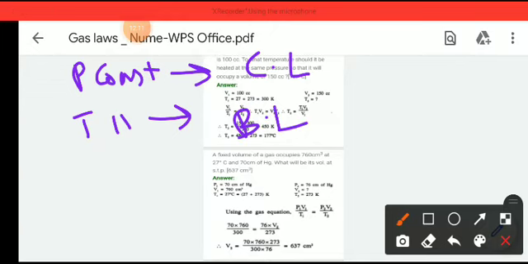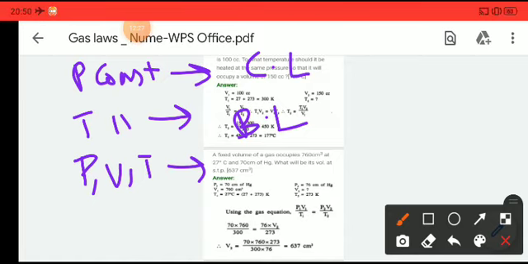And if the pressure and temperature both are variable, and all the variables P, V and T are there and nothing is constant, then we have to use the combined gas law equation. So for pressure constant use Charles law, for temperature constant use Boyle's law, and if nothing is constant, use the combined gas law equation.